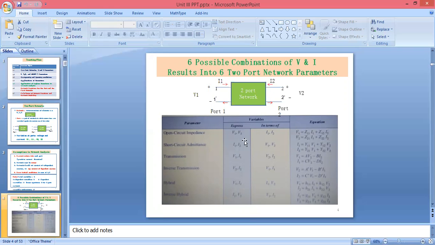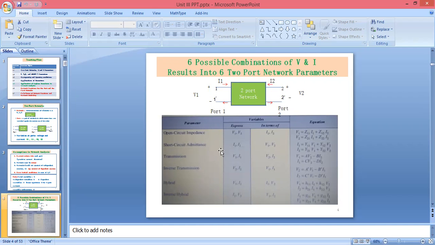Here we have the value of impedance, so you can write V1 equal to I1 Z11. So you get the equations of V1 and V2 in the form of Z and current. This is the Z parameter.